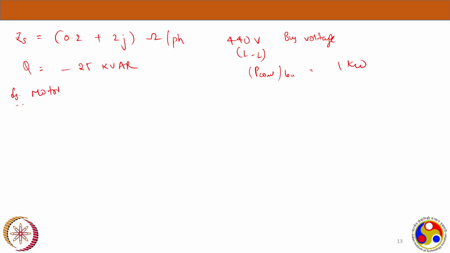Now it's a synchronous motor. What would the equivalent circuit of a motor look like? There is an excitation voltage, and there is a resistance also given, so we can't neglect it now. So this is the bus voltage, this is XS, which is j2, and this is RA, which is 0.2 ohm, and EF we don't know.